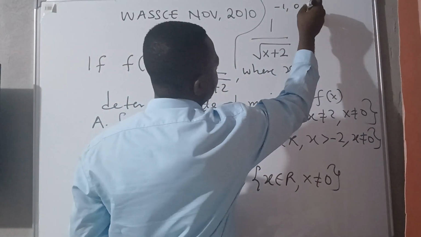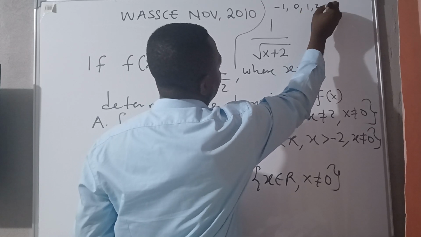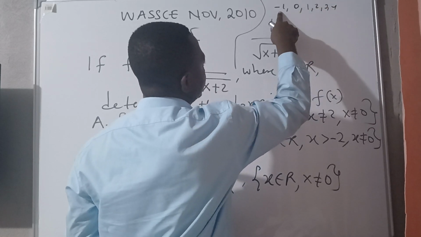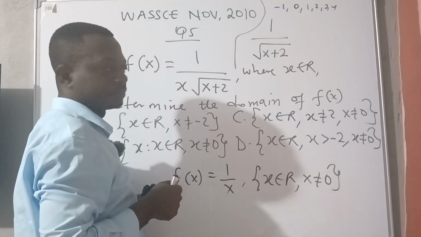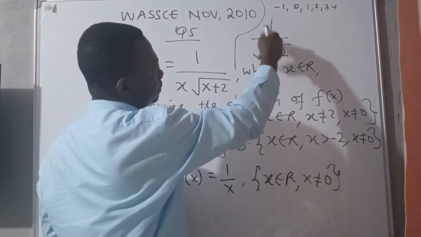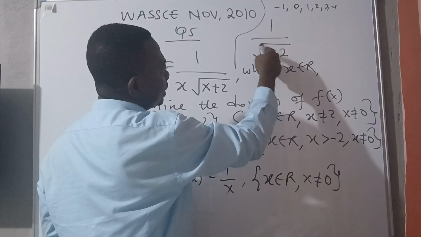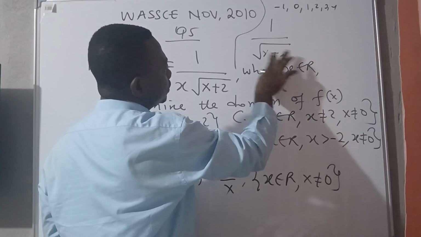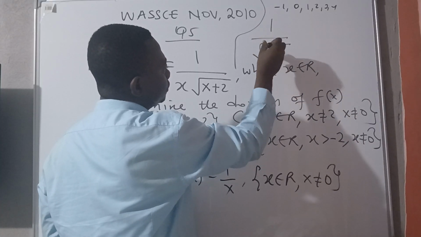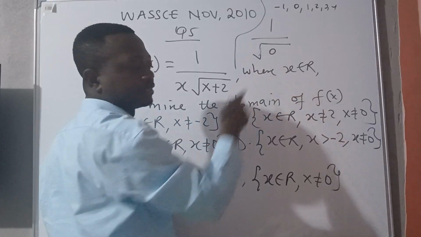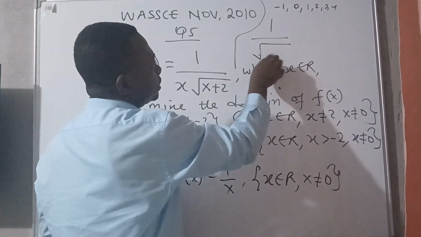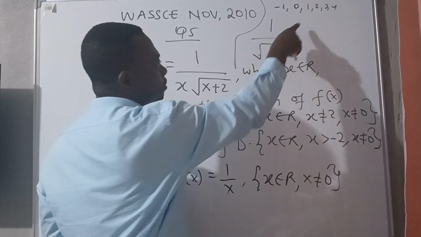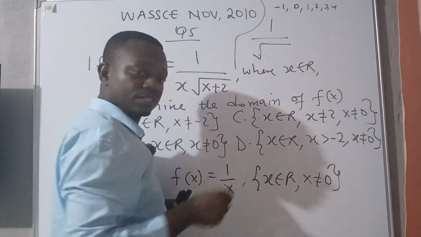So this side will be positive. 2, 3, 4. So if I take the square root of any negative number, that will be a math error. And because this one is a fraction, this side can never be 0. Now, if I take the square root of 0, I'll get 0, and this side will be undefined. It means this can take values from 1 up to infinity.